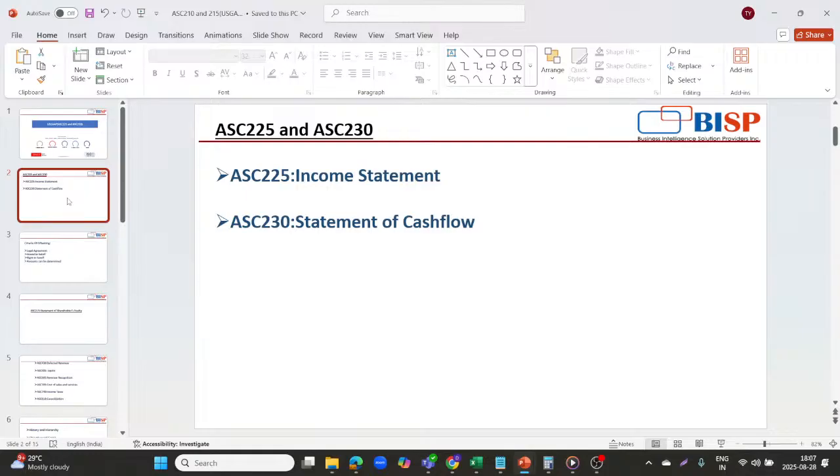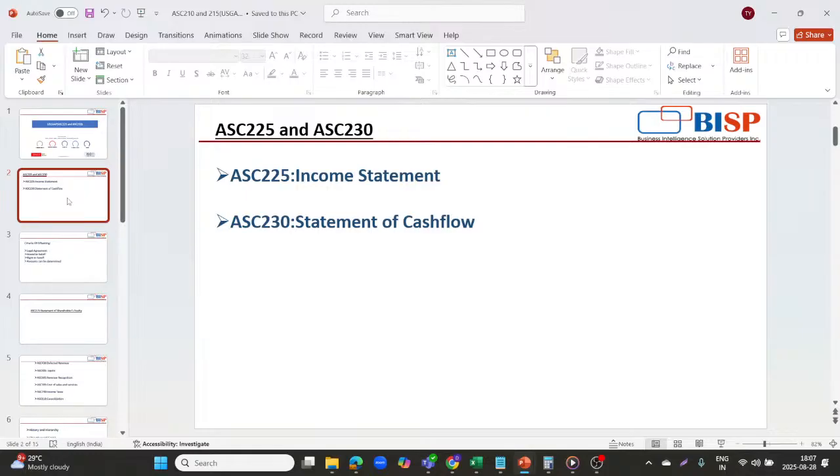First is your income statement format. So ASC 225 will address the structure and the components of the income statement, including key items such as revenues, cost of goods sold, operating income and net income. Extraordinary and unusual items is another key aspect.